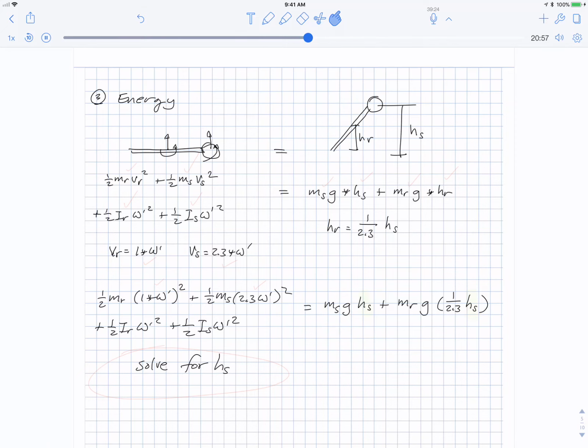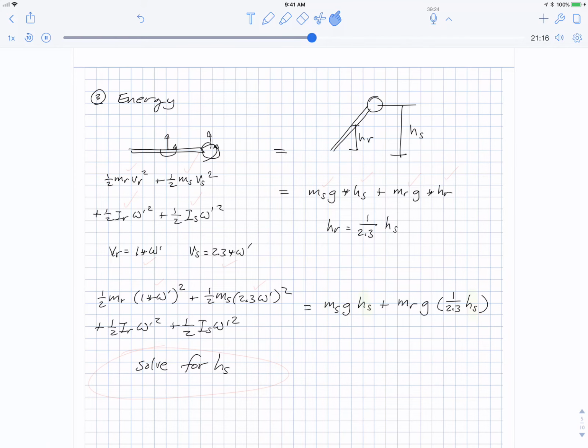And so here we have the energy problem. Now all the initial potential energy is 0. It has all kinetic energy. And at the end, it'll have potential energy and no kinetic energy because when it reaches its maximum height, the velocity is 0.